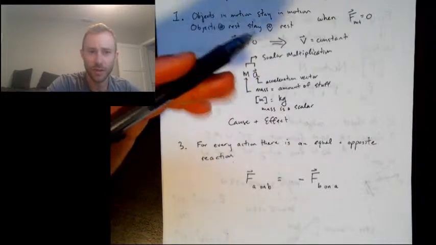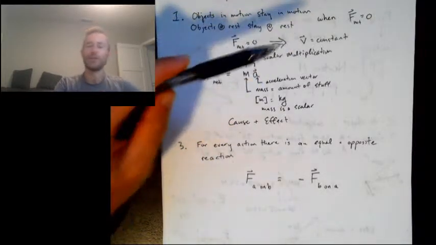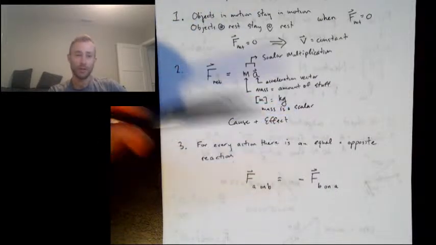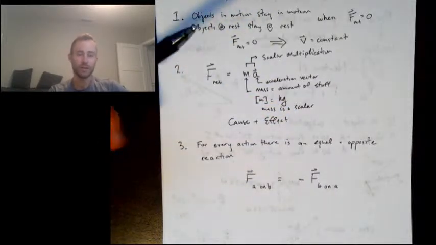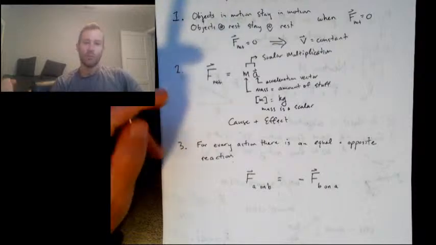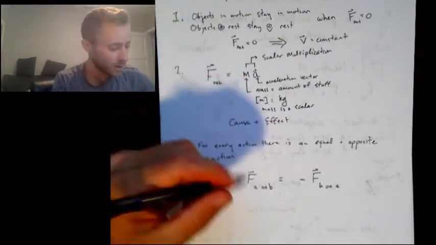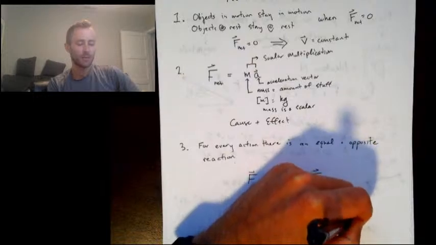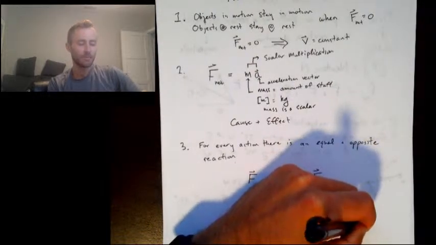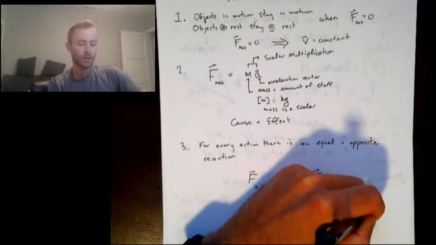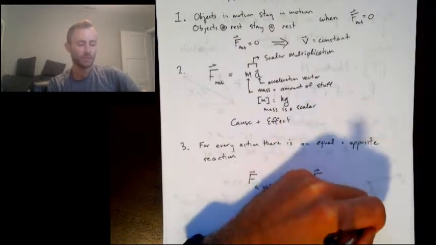I give this example every year, so you might remember it, you might not. But if Newton's third law was not true, you would have some crazy things that could happen. So, for example, what if I punched myself in the forehead? Okay, so here's my fist. Here's my face that I've punched.